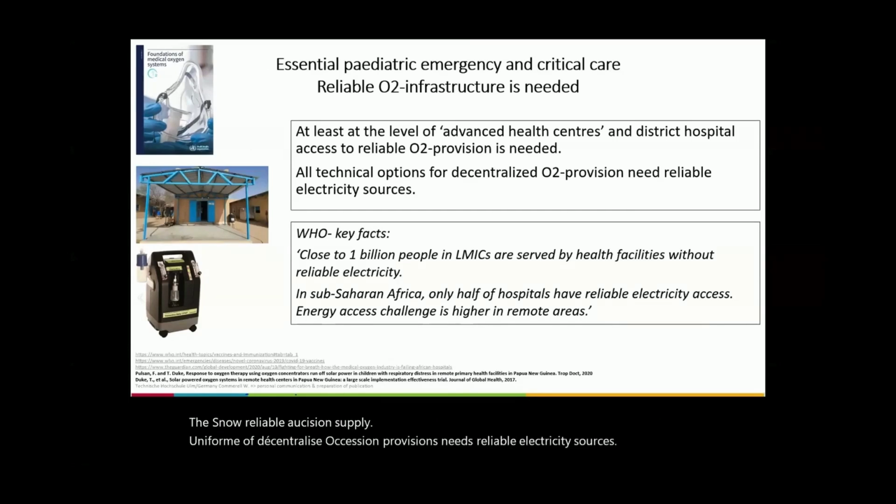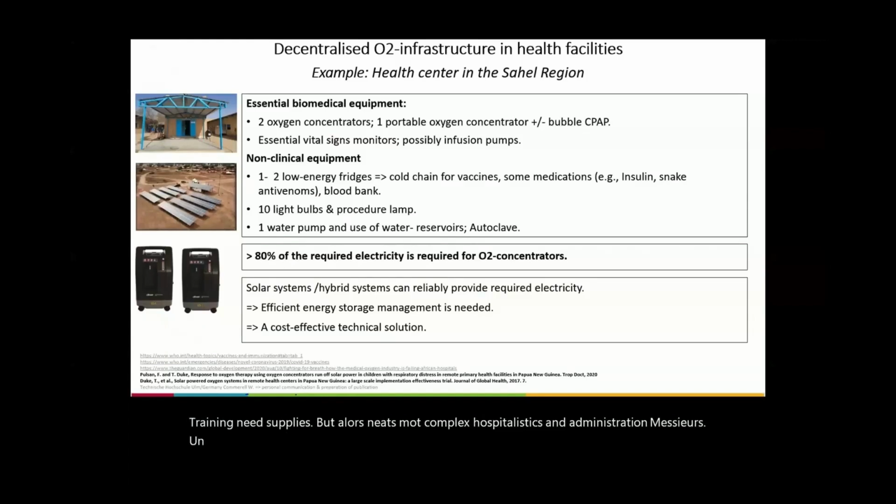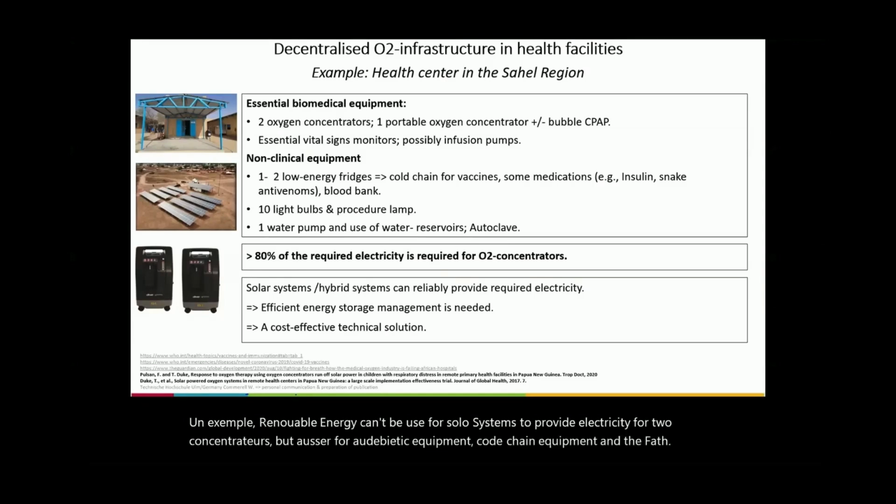A large number of health facilities, for example in sub-Saharan Africa, do not have reliable electricity supply, showing, just as an example, that implementation of essential critical care needs medical training, needs supplies, but also needs more complex hospital logistics and administration measures. Renewable energy can be useful, for example solar systems to provide electricity for O2 concentrators, but also for other biomedical equipment, cold chain equipment, and so forth. This is technically reliable and cost effective.